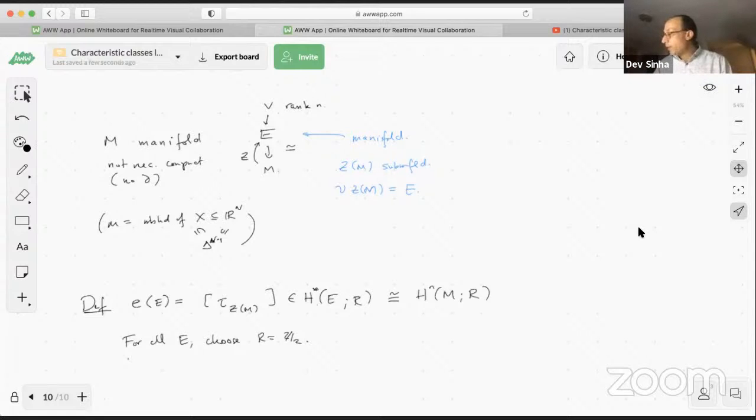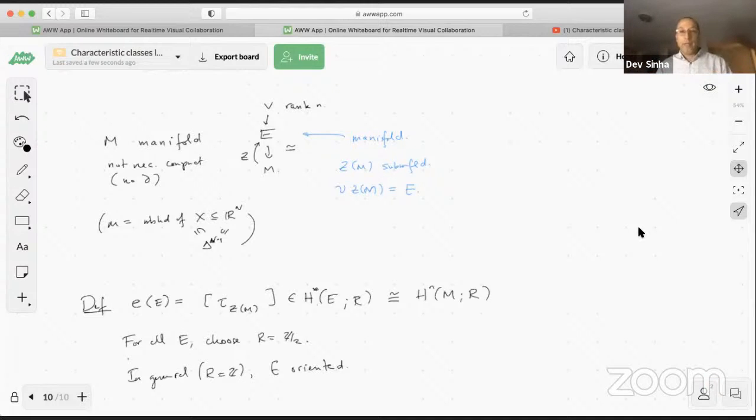But otherwise, in particular, when R is Z, we get this definition for Z coefficients when E is oriented. Because then, again, Z(M), its normal bundle is E, therefore Z(M) is co-oriented, and the definition works. Okay, so that's the Euler class.